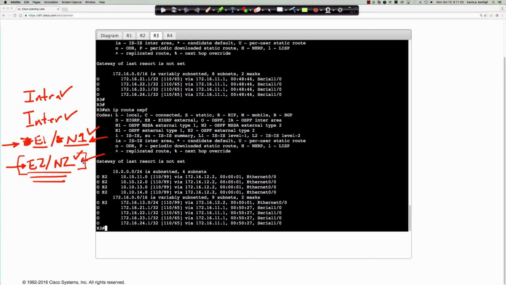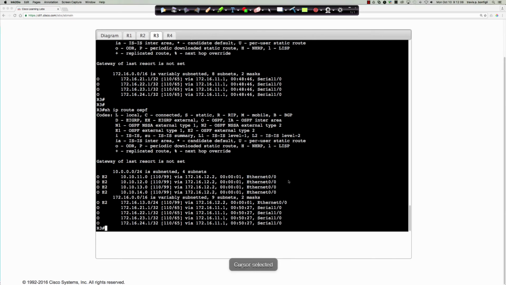Whereas E2, N2 aren't. They don't care. Everything's 20 and we're good, right? So remember that hierarchy right here. Intra over inter over E1, N1 over E2, N2.